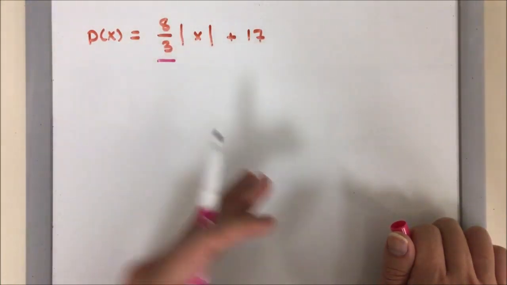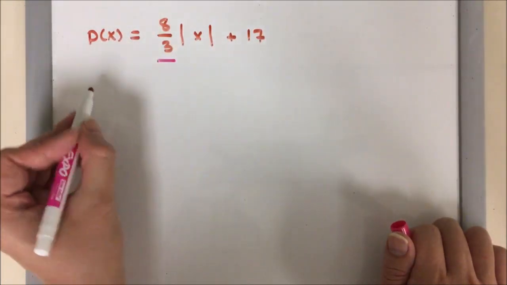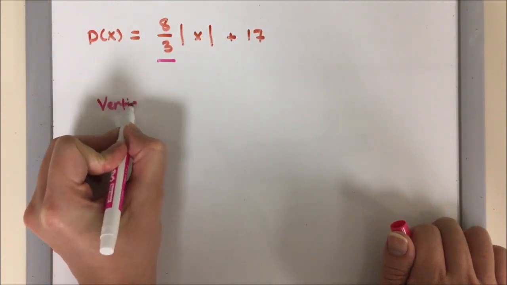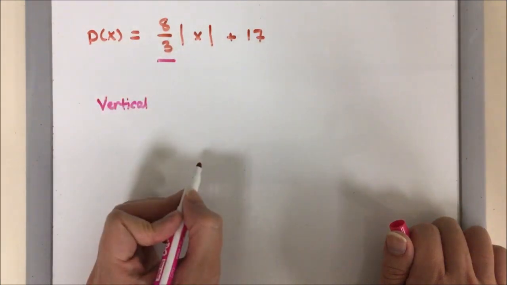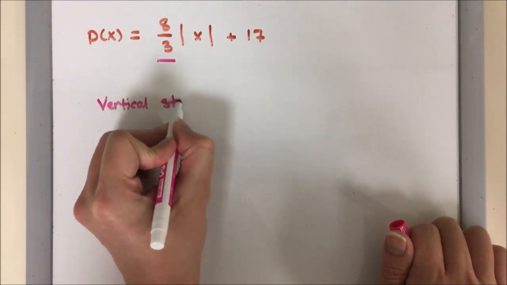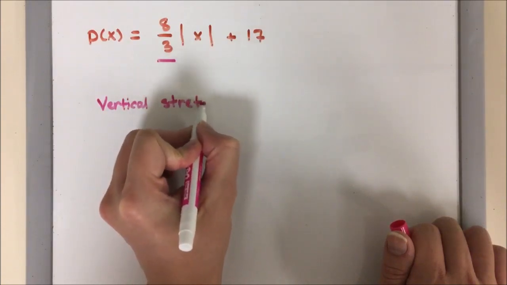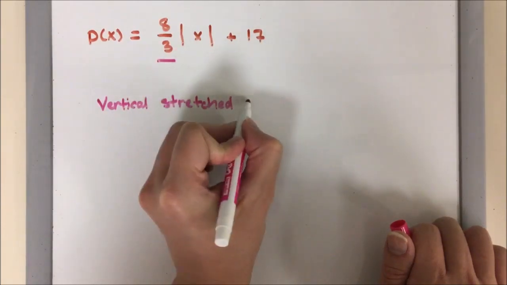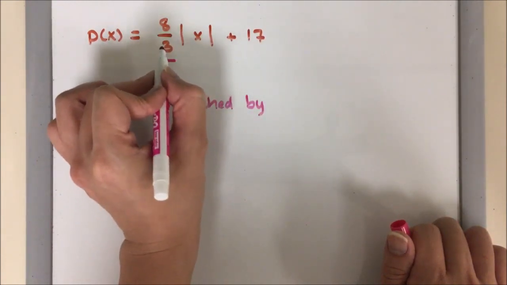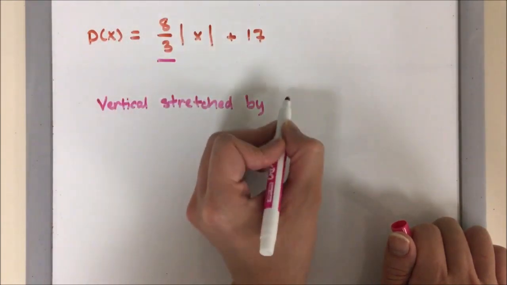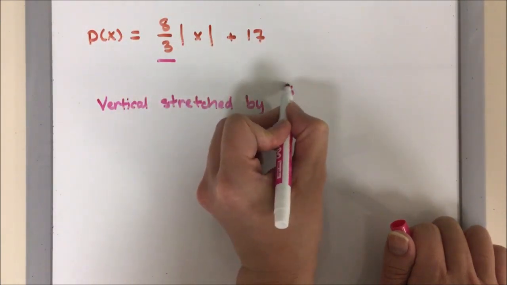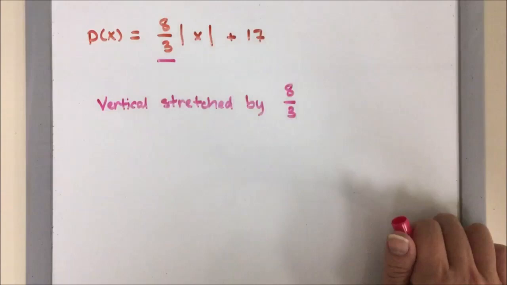Since the fraction is outside and in the front, this is going to be classified as vertical. Since the fraction is more than 1, it will be classified as vertical stretched by, and since it's vertical, I'm just going to write exactly how I see the fraction in the example. So vertical stretched by 8 over 3.